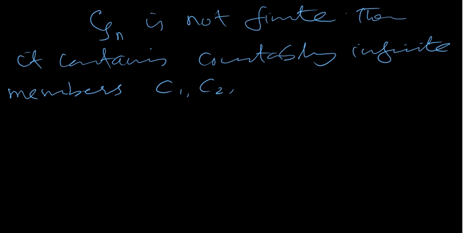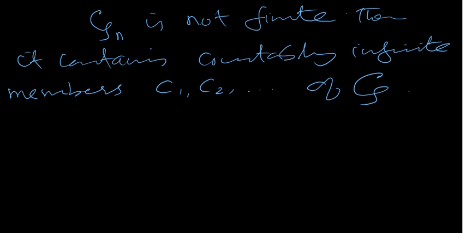So it contains these C1, C2, and so on up to infinity, countably infinitely many members of cursive C, because each Cn is a subset of C.